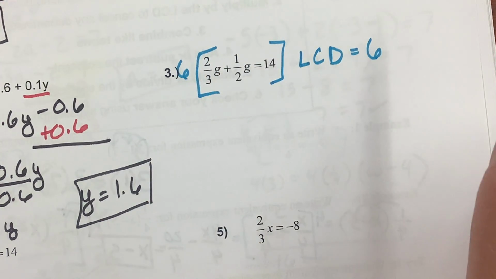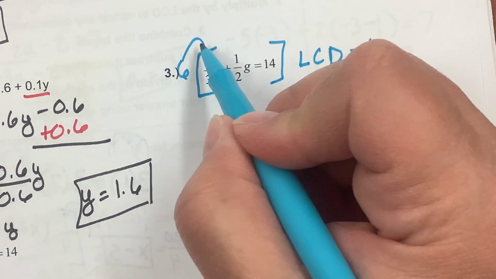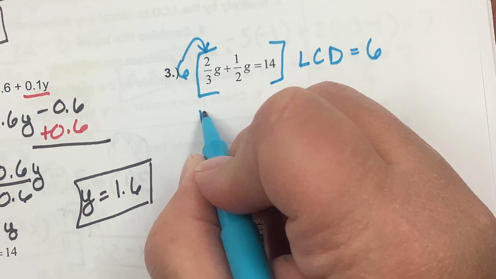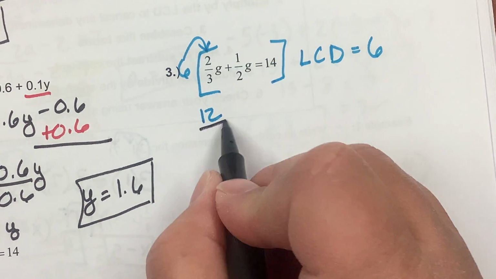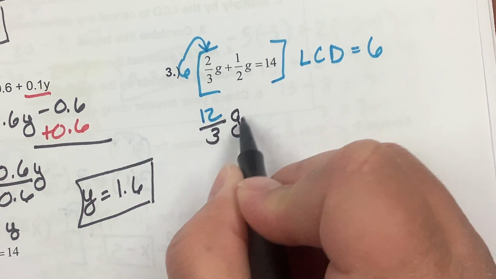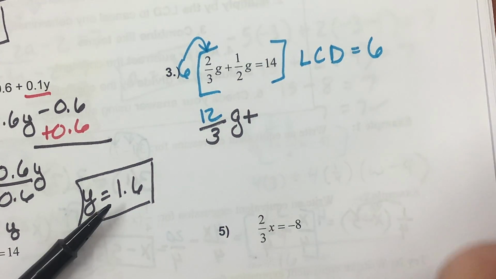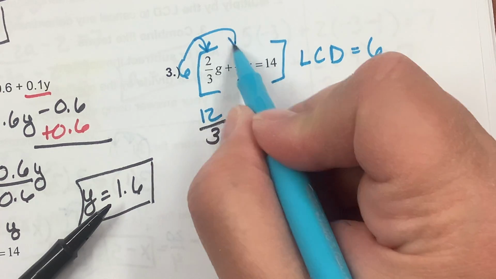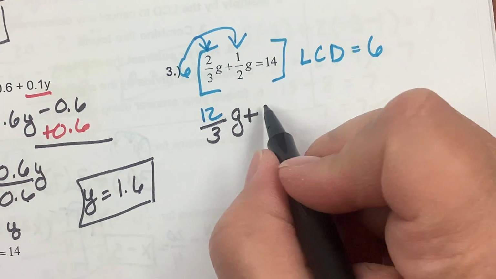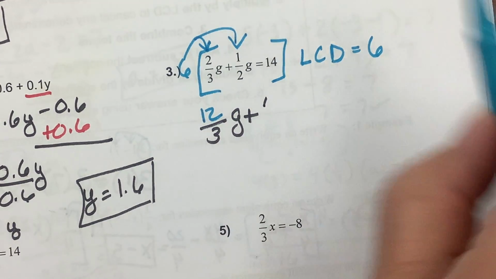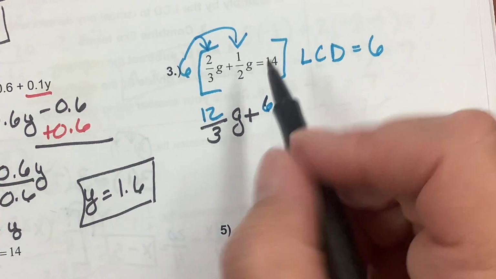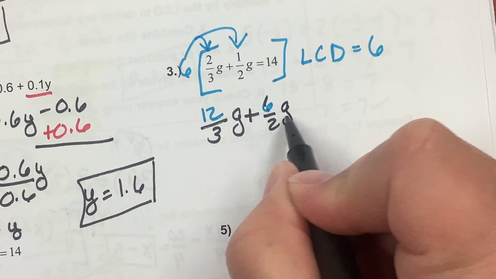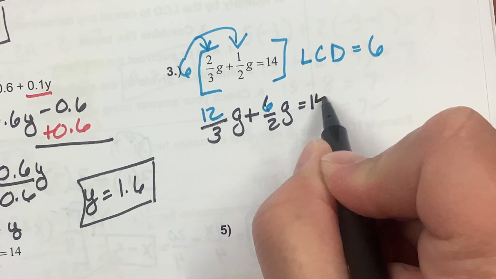And by everybody, I mean all the numerators. So 6 times 2, 12, and everything else stays the same, divided by 3G plus 6 times 1, 6, but the rest of it divided by 2G stays the same, and I get 14.